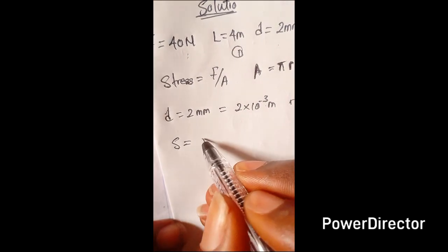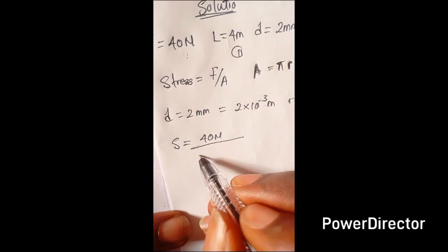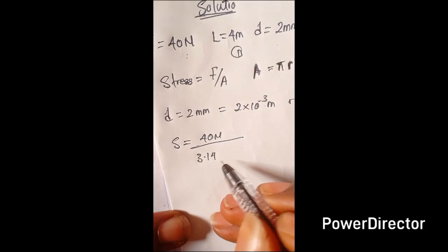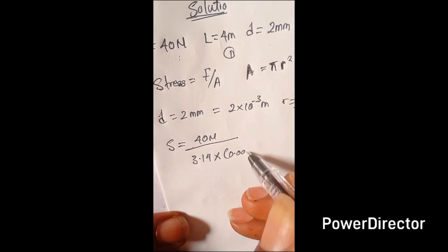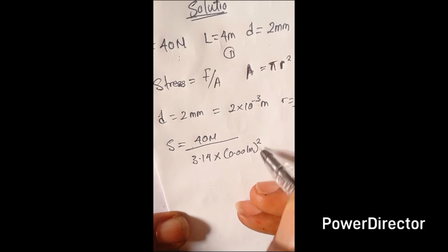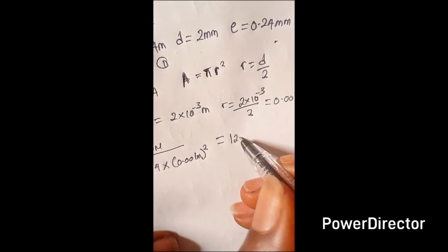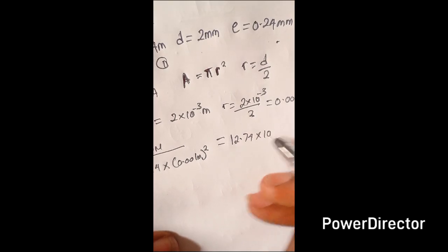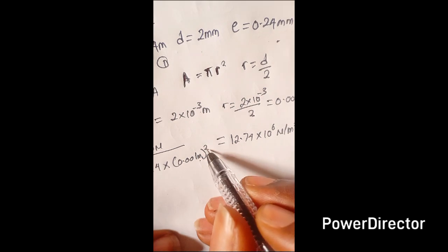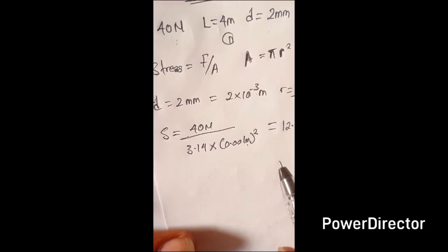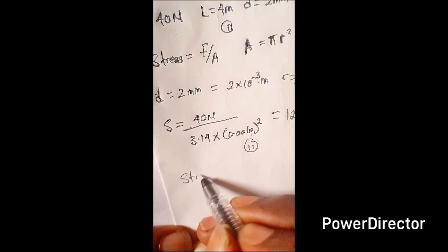Stress equals force, 40 Newton, divided by our area, which is now pi, the pi given to us is 3.14, times our radius all squared, that's 0.001 meter all squared. If we do this correctly, we are going to have 12.74 times 10 raised to power 6 Newton per meter squared, because this is meter all squared, and this is Newton.